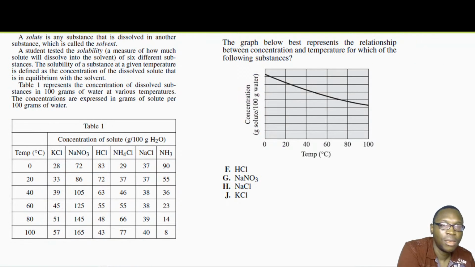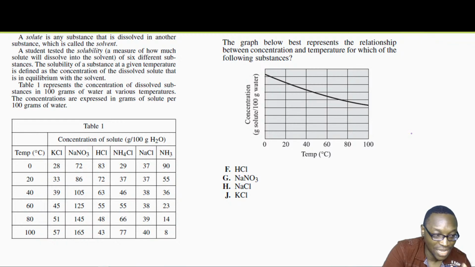So this is the same table, the same question. I'm repeating the table for each question so you can see them while you're answering the questions. So here we have the graph below represents the relationship between concentration and temperature for which of the following substances.